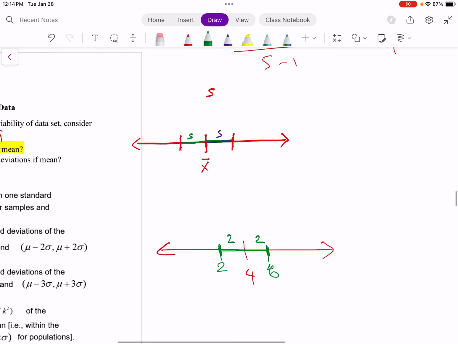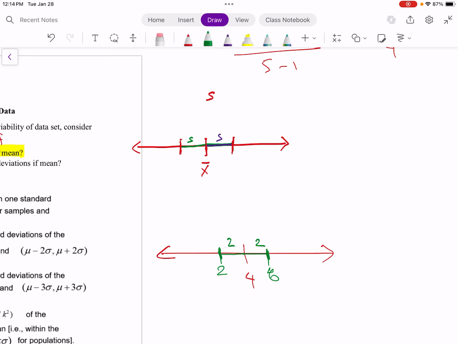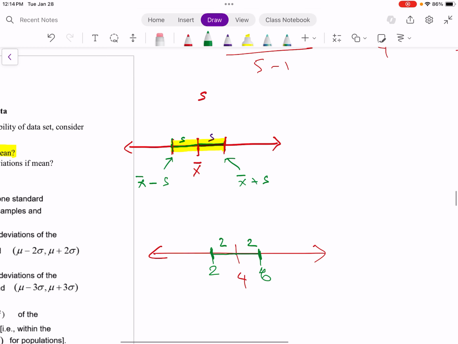So using a similar concept, this is our x bar minus s, and this is x bar plus s. This interval, from x bar minus s to x bar plus s, we call one standard deviation of the mean.